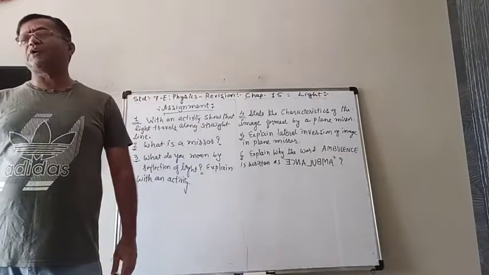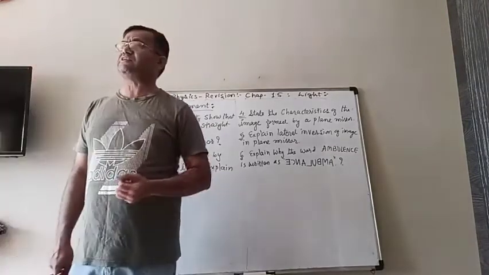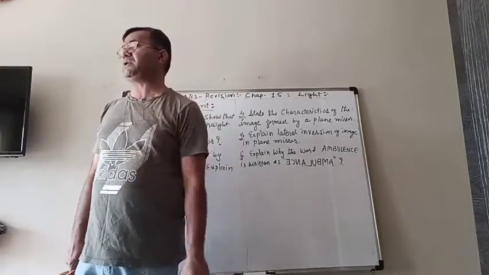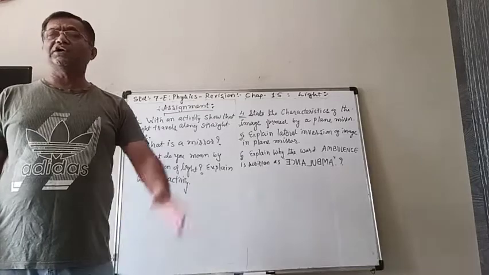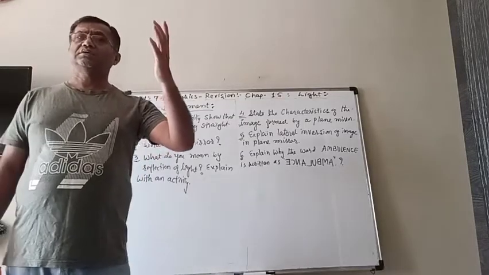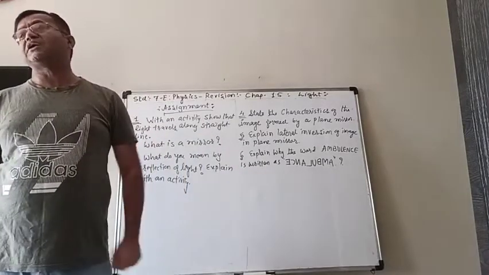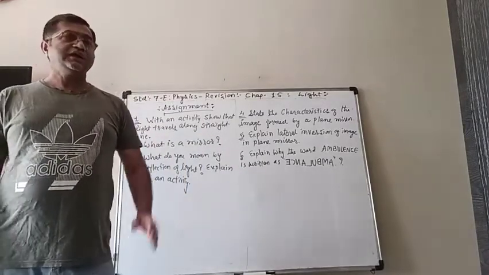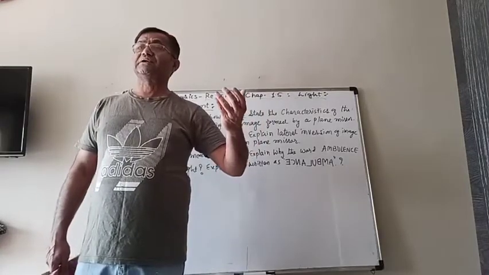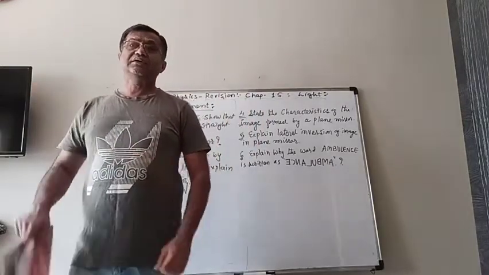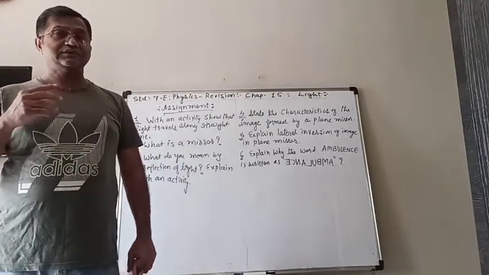If you notice properly, or you can do an activity: stand in front of a mirror and hold your left ear with your left hand and look in the mirror. It seems like your image has the right ear touched by the right hand.